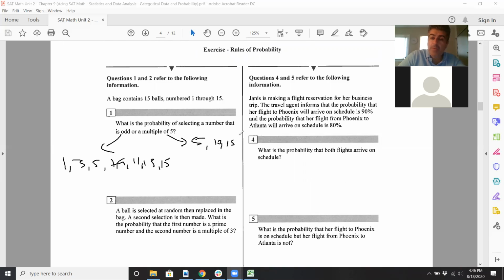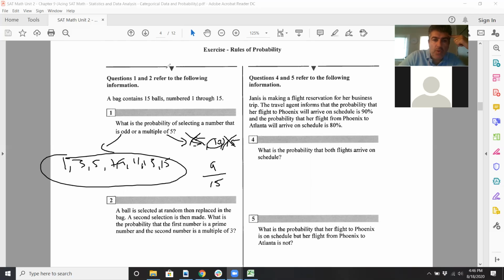Now I notice there's some overlap, right? The 5 and the 15 overlap. So really I'm just going to look at these here and then the 10 here. What are my desired outcomes? 1, 3, 5, 7, 9, 11, 13, 15, and 10. How many desired outcomes do I have here? It looks like I have 9 desired outcomes out of 15 possibilities. 9 out of 15 is my answer.